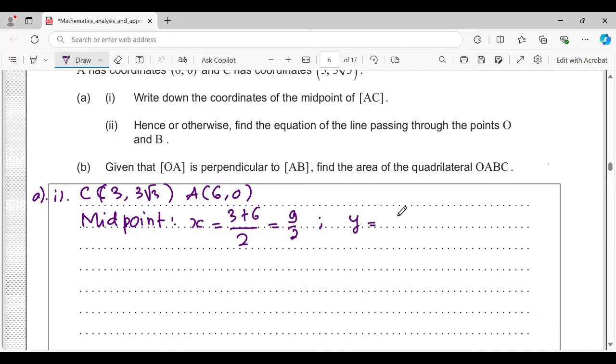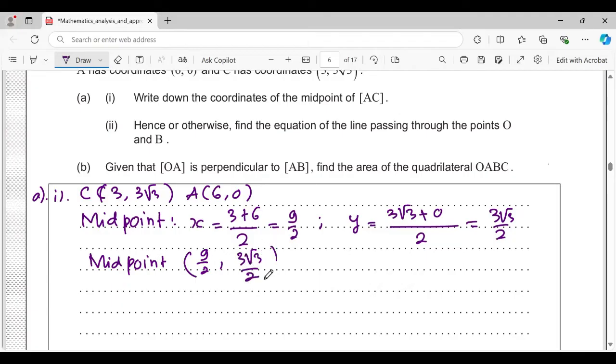While y is (3 square root 3 plus 0) divided by 2, which is 3 square root 3 over 2. So the midpoint is 9 over 2, comma 3 square root 3 over 2. This is the midpoint.